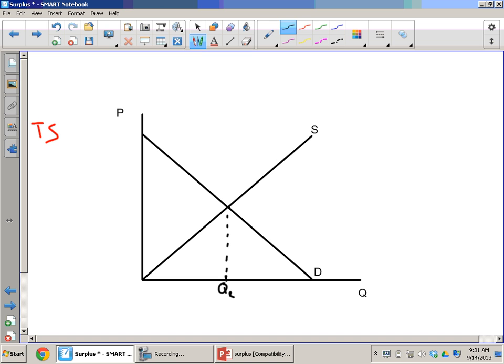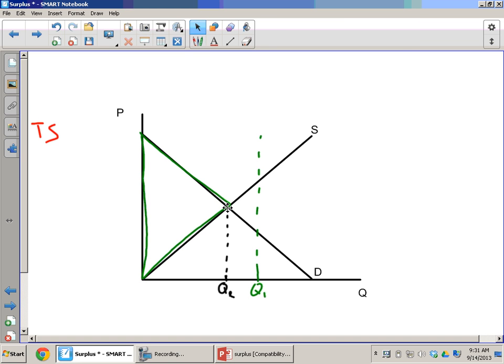And let's say in this case we did produce all of these units, and then we kept going beyond the market quantity, and we say produced what we have marked here as Q1 in this case. Well, let's take a look at the impact on surplus. All of these units added to total surplus.